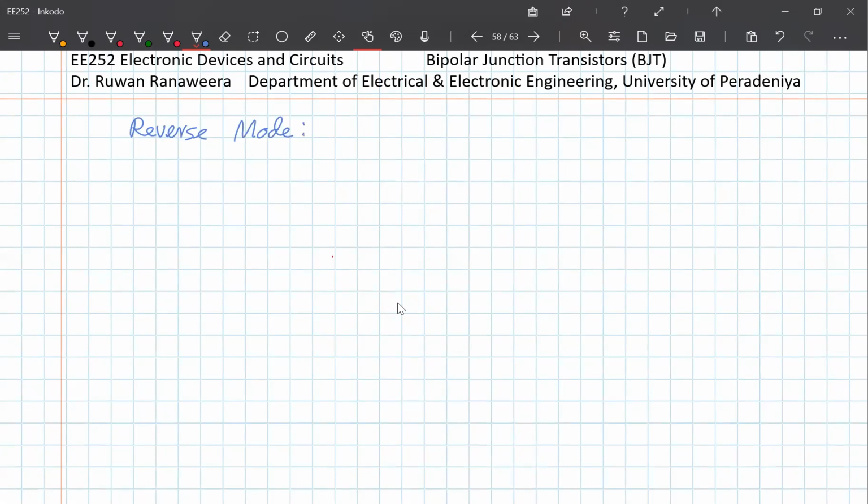Reverse mode, where VBC is greater than VF of BC and VBE is less than V forward. Okay, so this is if you connect it something like this: base, emitter, collector.